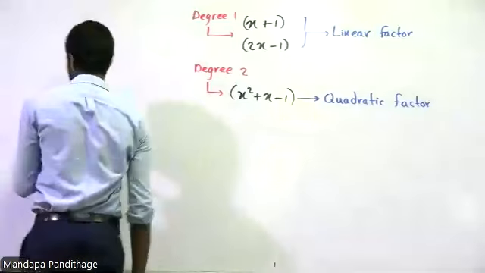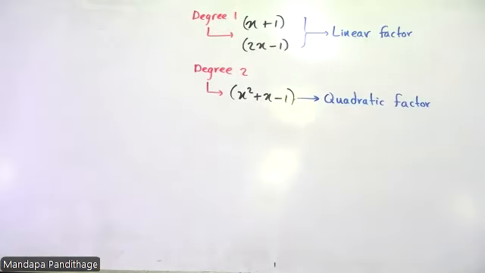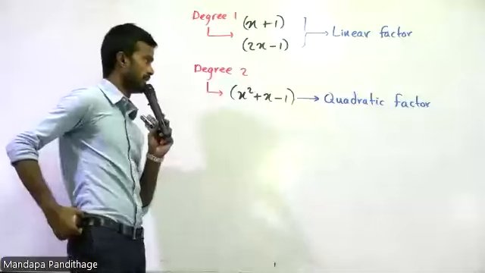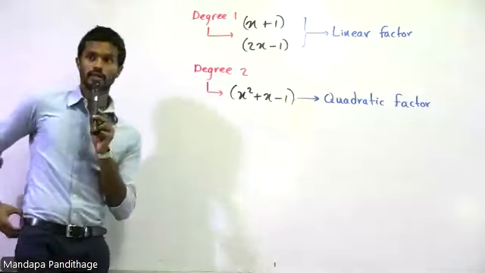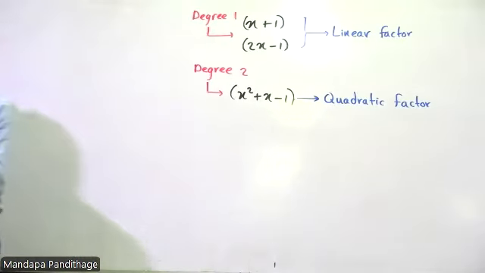These are first degree, and we call them linear factors. If it is degree 2, such as x squared plus x minus 1, we name them quadratic factors.